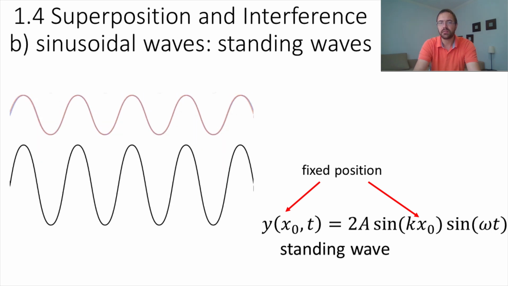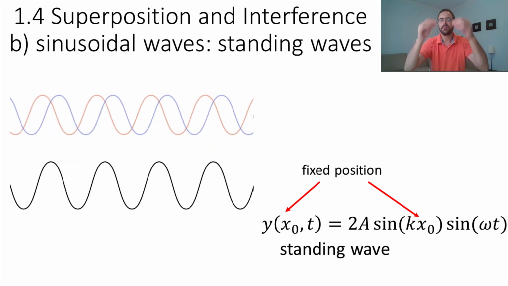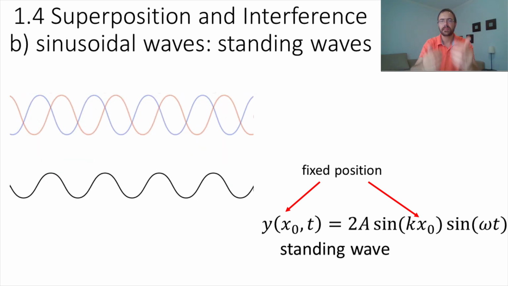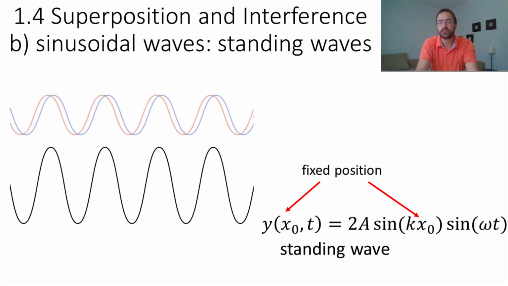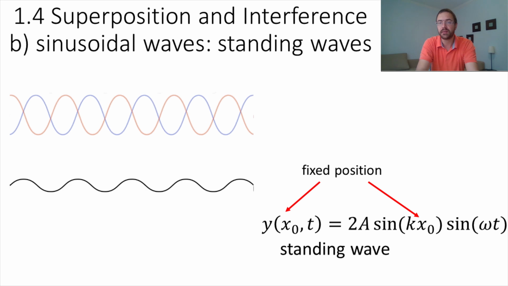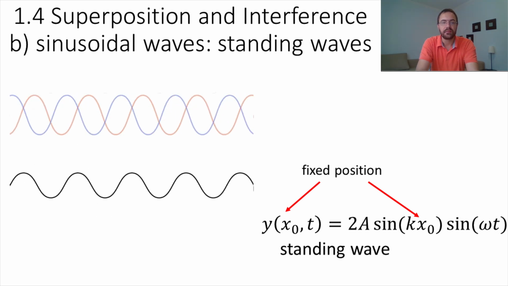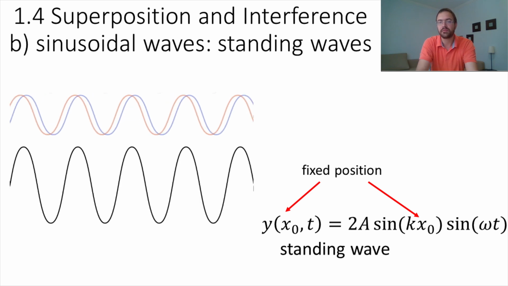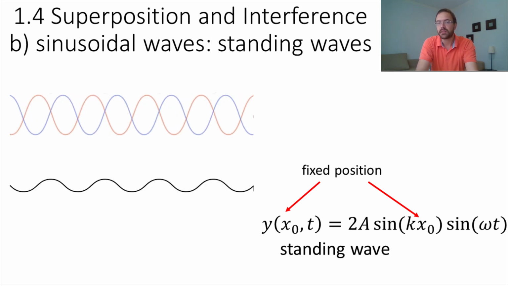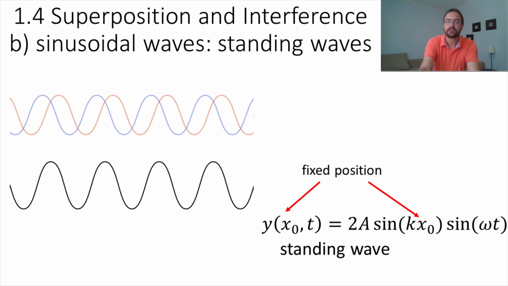So all the points will reach their maximum or minimum at the same time. And all the points will go through a zero displacement at the same time also. And the fact that all the points are oscillating in phase is different from the case of a traveling wave, and we call this a standing wave.